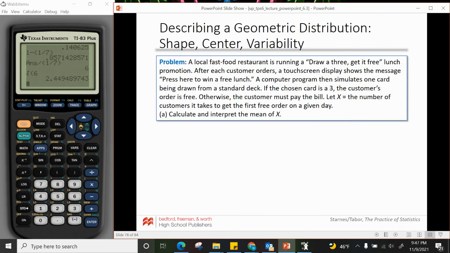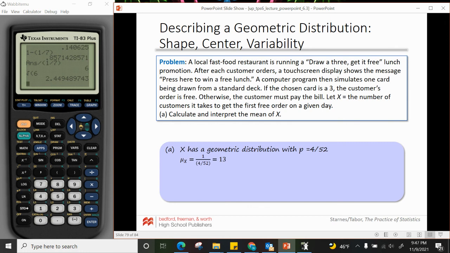So we have a new situation, or we're going back to that Draw 3. So this is a slightly different one. Now, before it was like the number of people who won the lunch, a free lunch that day. Now we're going to let X equal the number of customers it takes to get the first free order on a given day. So we're seeing how long it took for the first person to be free. So the mean, well, remember the probability of a success is 4 out of 52, right?